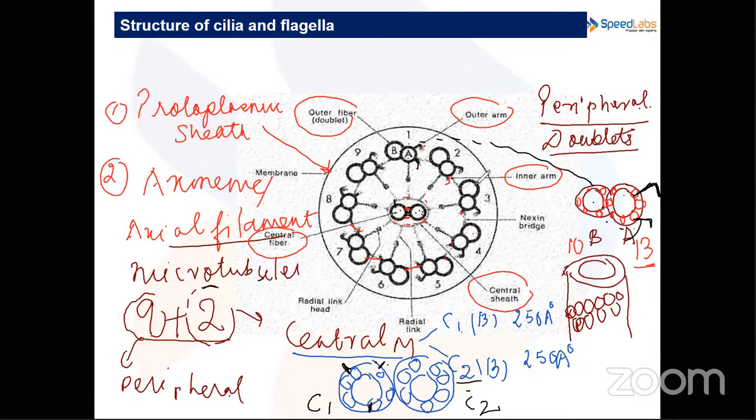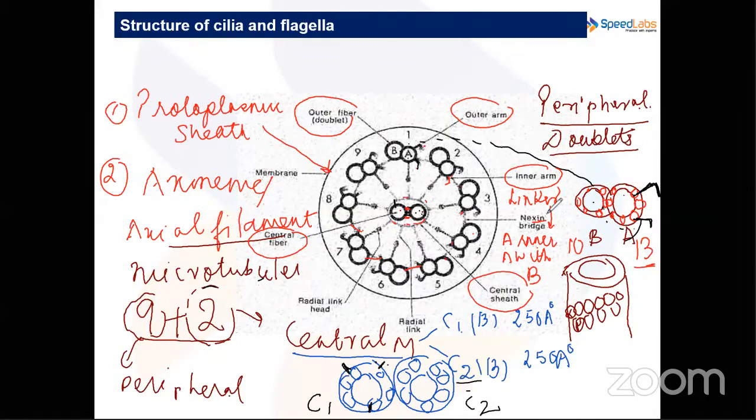The linker is between the A inner arm and B. The linker is made up of nexin protein. This nexin is the protein present in the linkers.